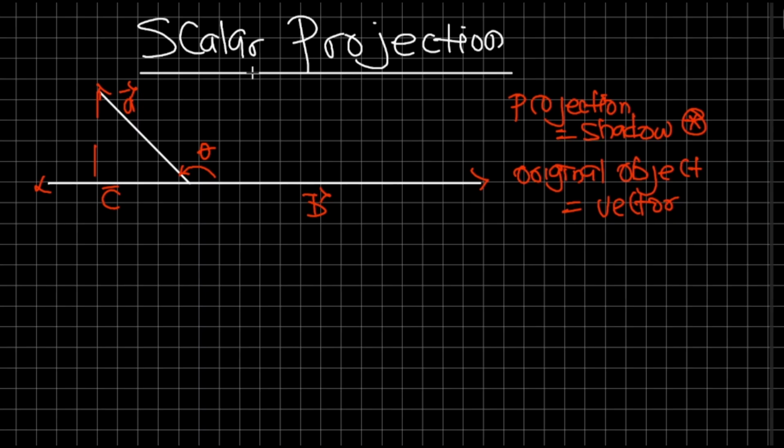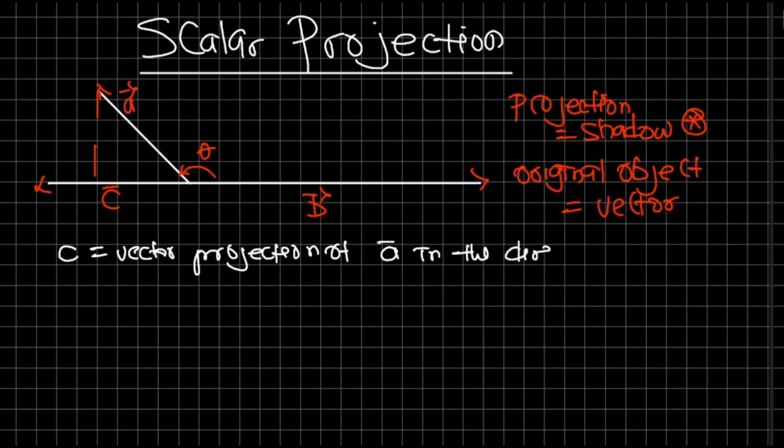So in this diagram, vector C is the vector projection of vector A in the direction of B. So C equals vector projection of A in the direction of B. So if we take the magnitude of C, it is called the scalar projection.